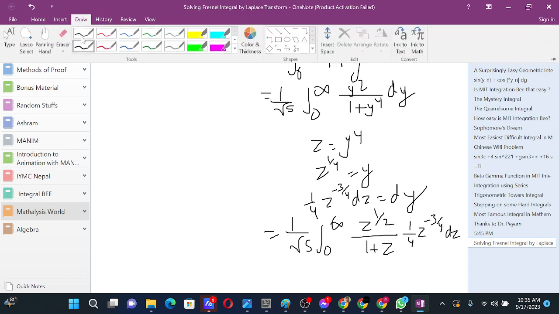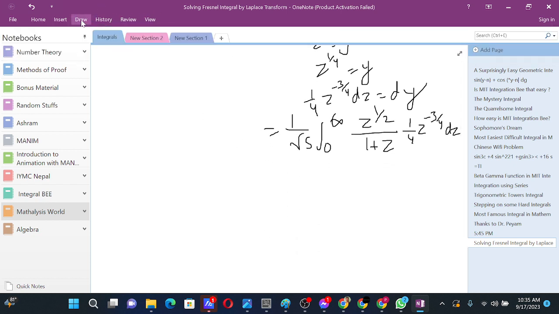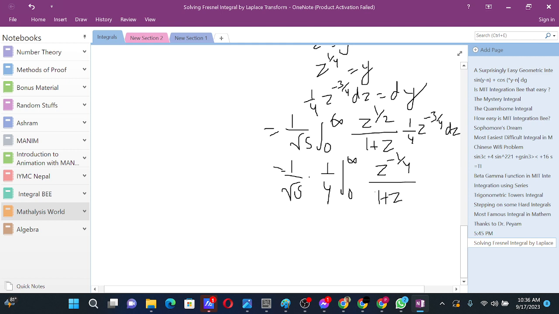So now it's almost in the form where you can use beta gamma functions. It's 1 by root s times 1 by 4 integral from 0 to infinity, z to the power minus 1 by 4, over 1 plus z.